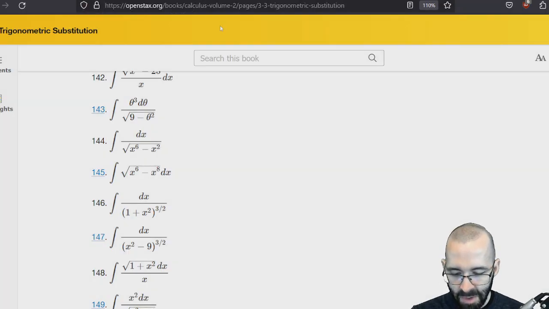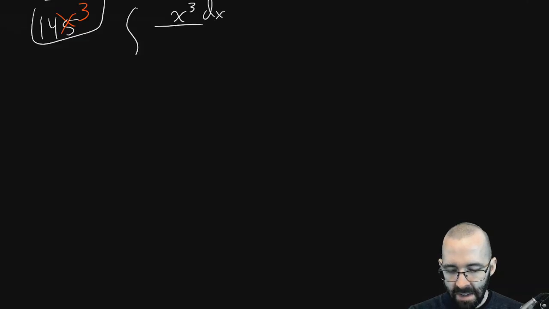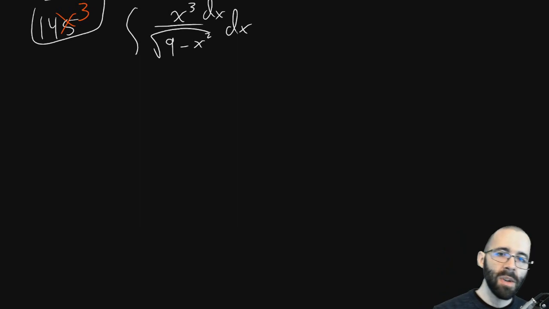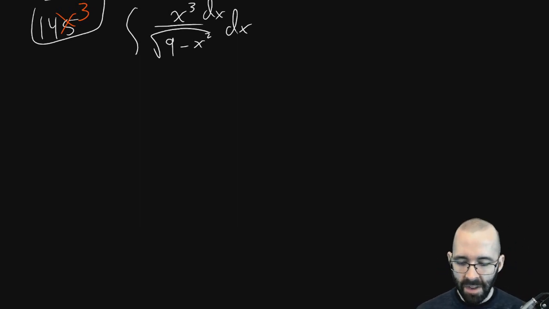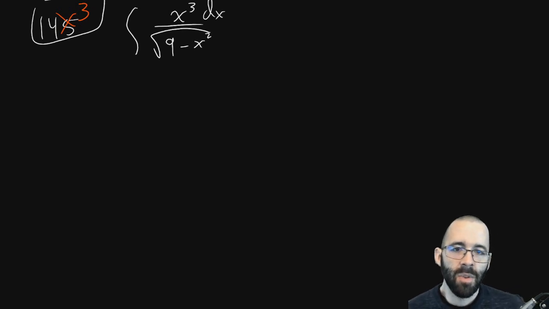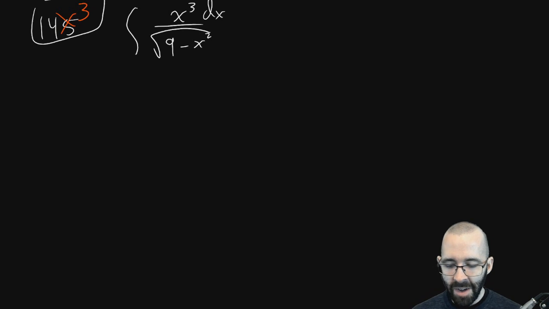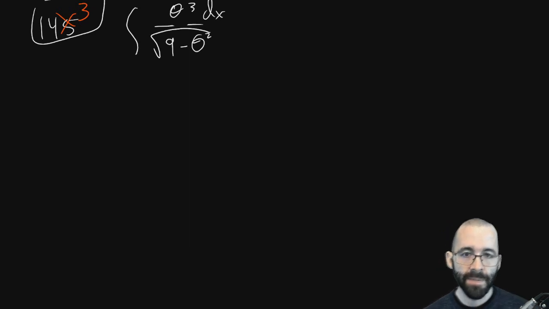We can call the variables whatever we want. dx over the square root of 9 minus x squared. We should express our final answer in the variable that they want. But we can do our work in whatever variable we want. Yeah, actually, I know I'm very wishy-washy today. We'll use thetas. I want to show you what it looks like if we use thetas. We'll just have a new variable.